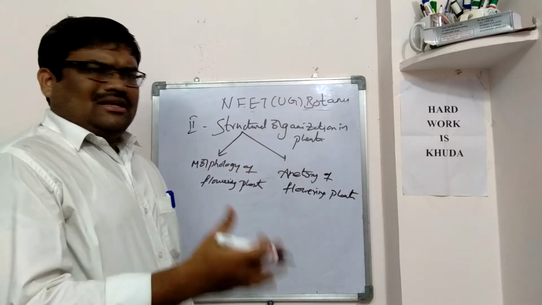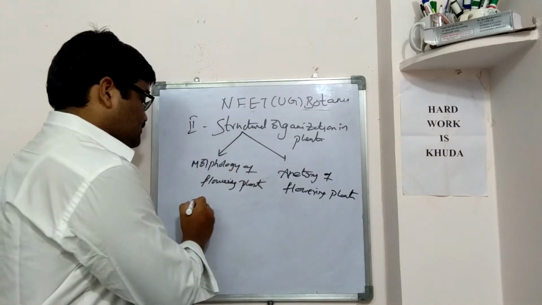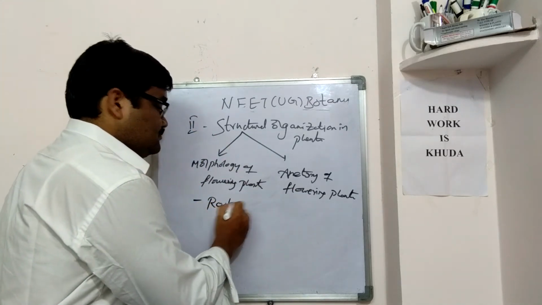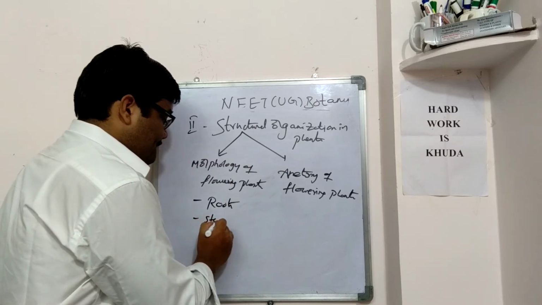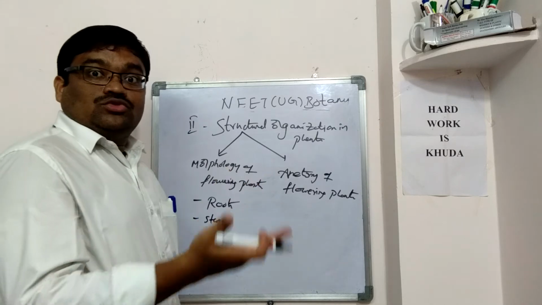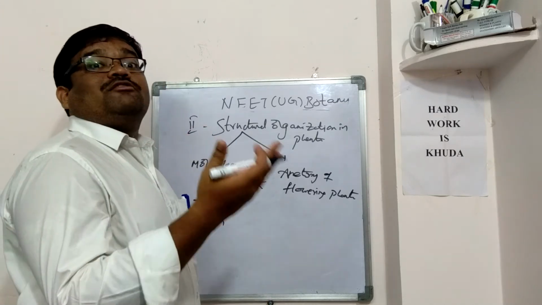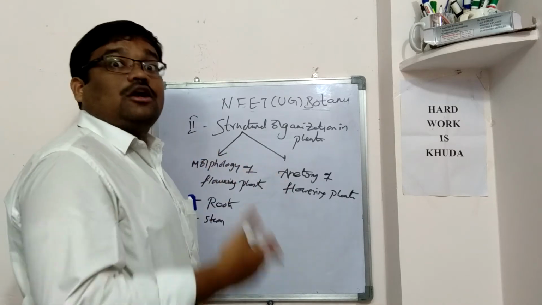Morphology of flowering plants, as the name implies, we'll be discussing the morphology of roots and stems, like root modifications, for example tuberous roots. Stems: different stem modifications like aerial stem modifications, subaerial stem modifications, and underground stem modifications.